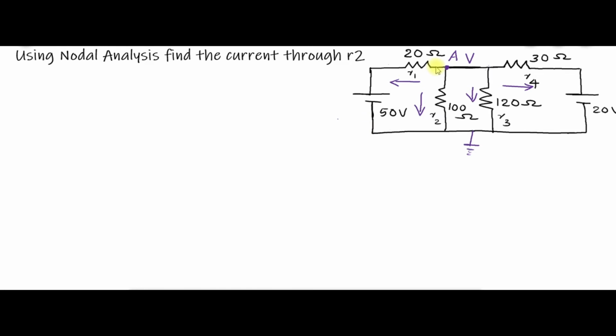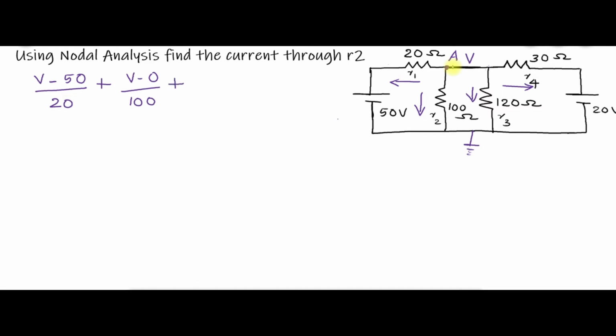I can write it as V minus 50 divided by 20 plus. Next, considering the branch with R2, it has the voltage V and there is no other potential with it, so V minus 0 divided by 100.